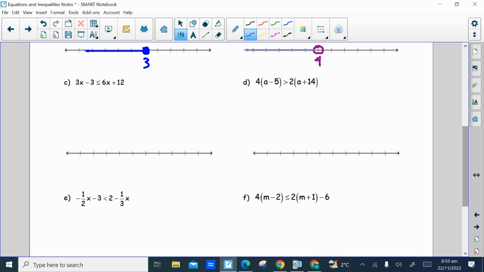Question C. I would probably start by bringing the 3x over to the right by subtracting 3x from both sides. So they're going to cancel on the left. Note we still have a negative 3 on the left, less than or equal to 6x take away 3x is 3x plus 12.